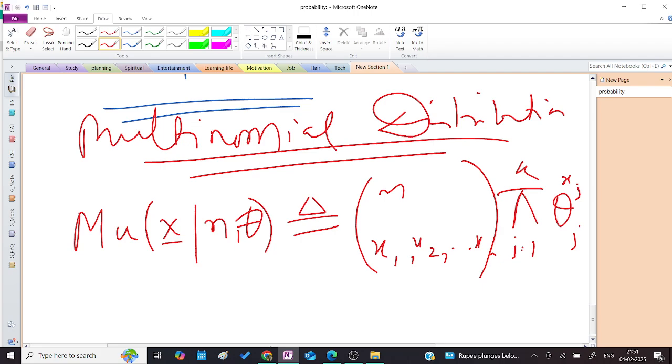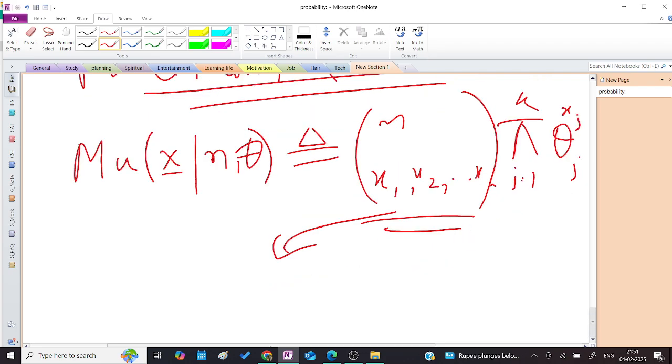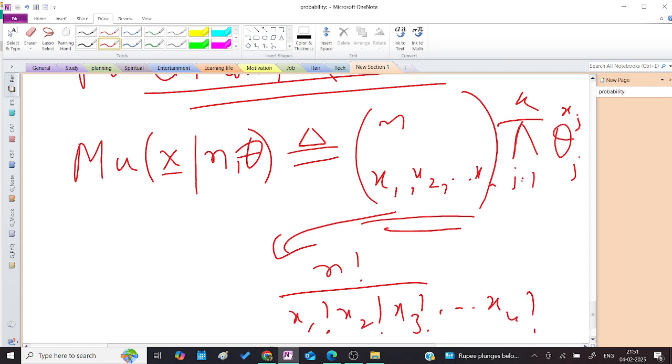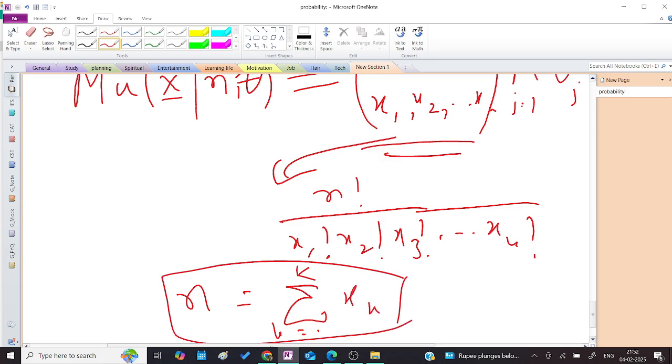Okay, so what is this? This is nothing but n factorial divided by x1 factorial, x2 factorial, x3 factorial up to xk factorial. Okay, what is n? N is nothing but the sum of all the x.